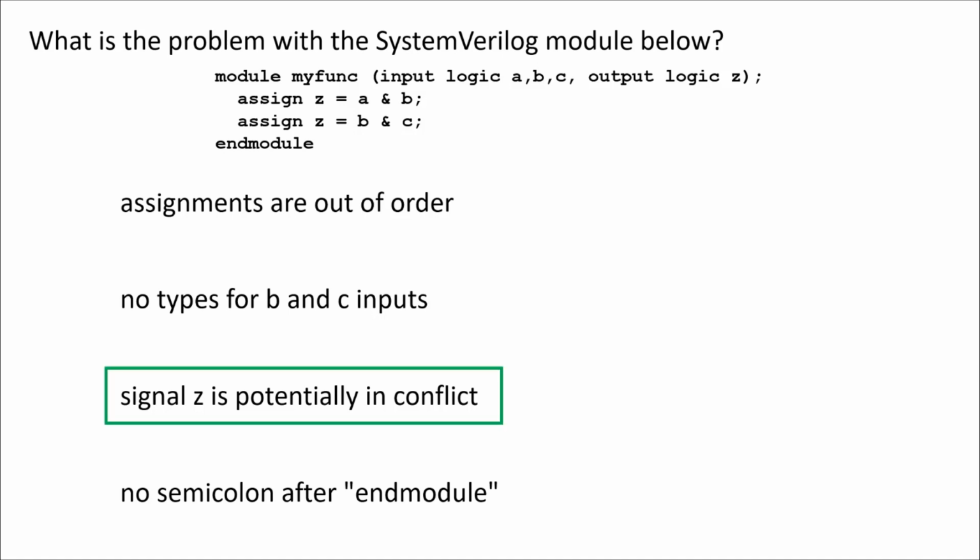So signal Z is potentially in conflict. I say potentially because if both statements set it to the same value, then it's technically okay. But there's a possibility that both circuits will try to set Z to different values, 1 to 0 and 1 to 1, which is a problem.